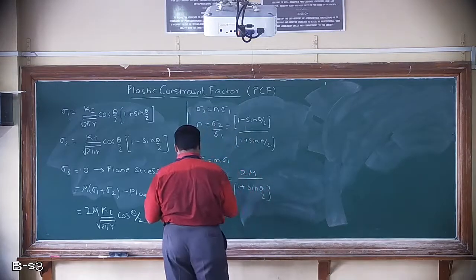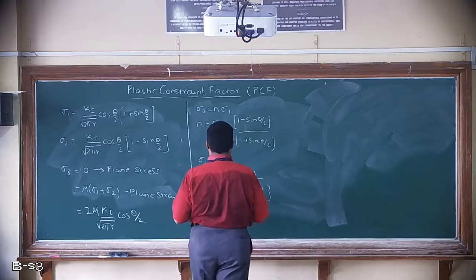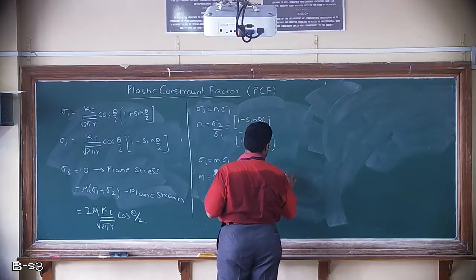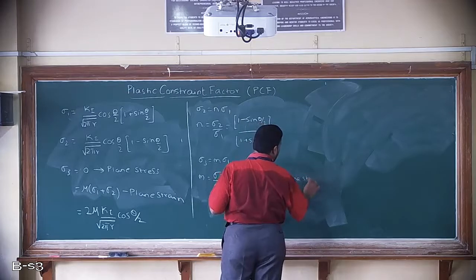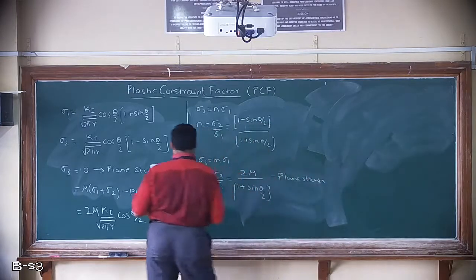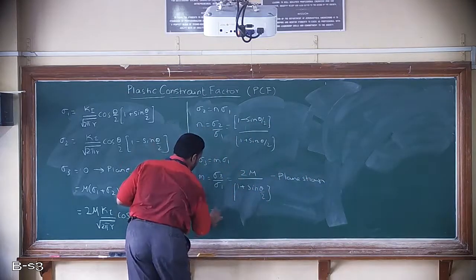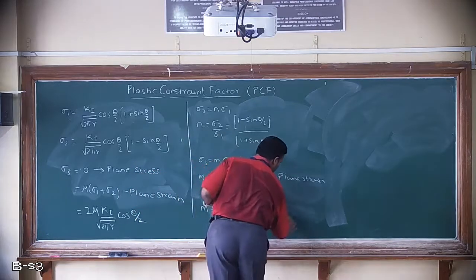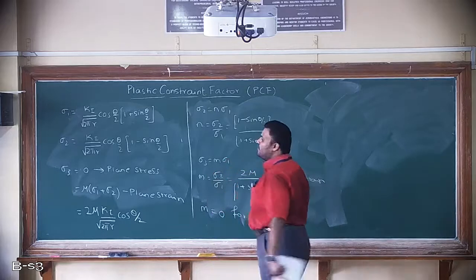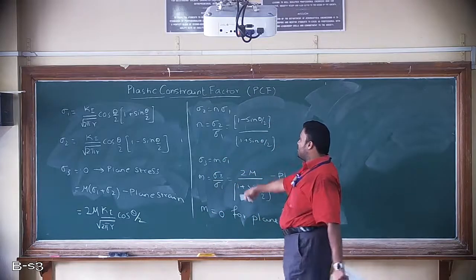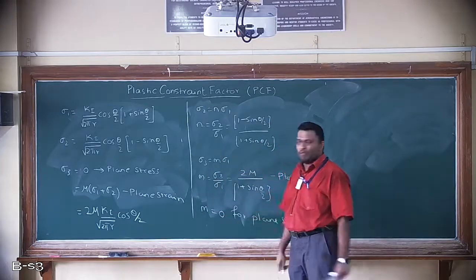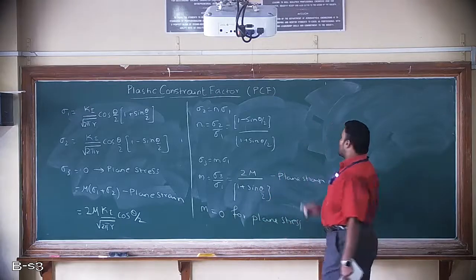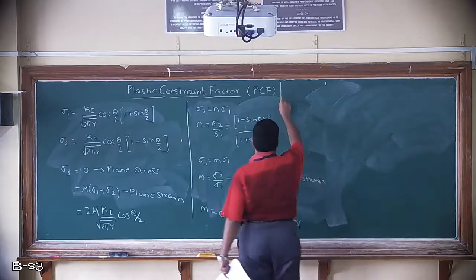So here we have got this for plane strain condition, and m will be equal to 0 for plane stress condition. Why will it be 0? Because sigma 3 is 0, so 0 upon any number will be 0, so m will be 0 for plane stress condition.